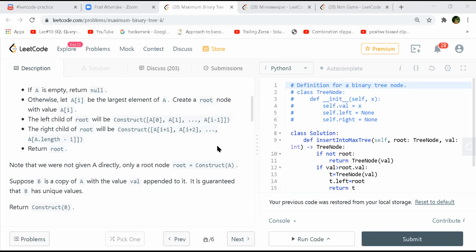The left child of root will be the construct from A[0] to A[i-1], and the right will be i+1 to length minus 1. Then return root. They are not saying anything like that. So how do we know which place? Frankly, unless we show these examples to the interviewer, we won't be able to formulate our implementation either, right?